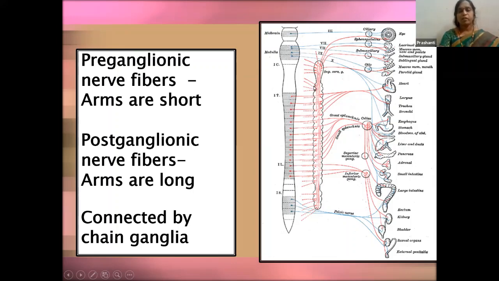Next, the postganglionic means the nerve fibers which are arising later. So the postganglionic nerve fibers, the arms are very long. Both preganglionic and postganglionic nerve fibers are connected by chain ganglia. So this is the chain ganglia, children. Both are being connected by the chain ganglia.